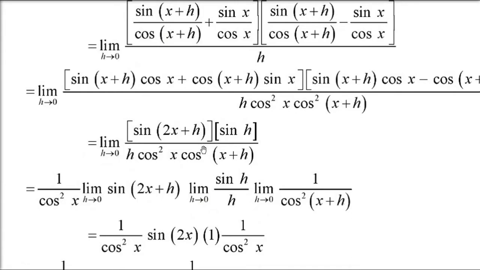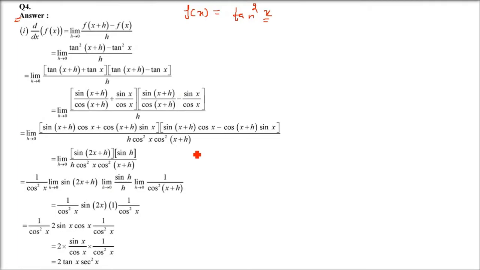Now if you see, we have the formulas sin a cos b plus cos a sin b, and sin a cos b minus cos a sin b. So we will use the formula. sin a cos b plus cos a sin b is sin(a+b), and sin a cos b minus cos a sin b is sin(a−b).